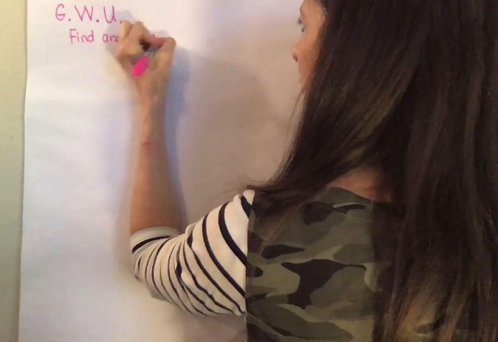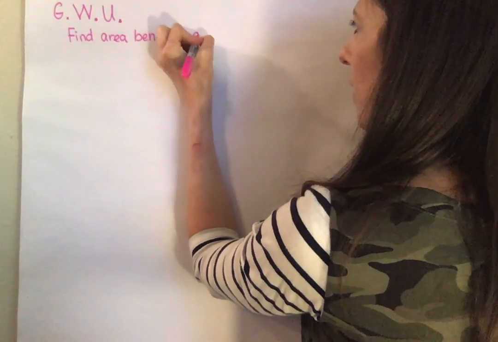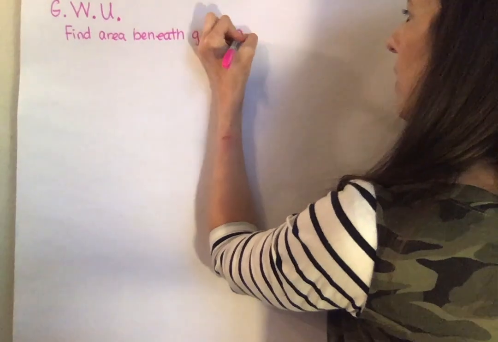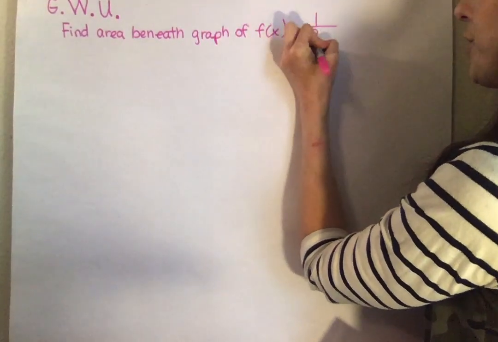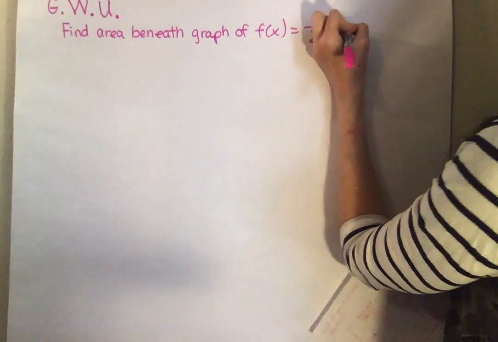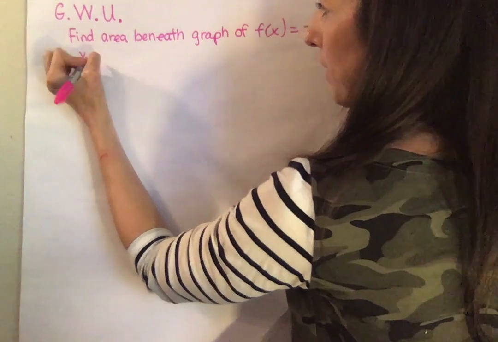We're going to find the area beneath the graph of 1/2x from x = 2 to x = 5.